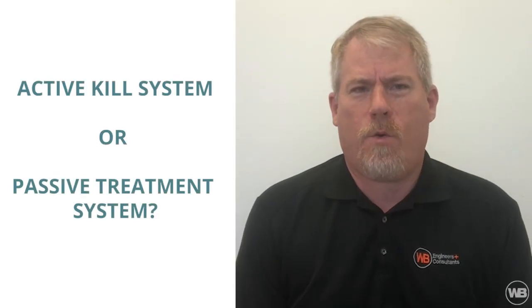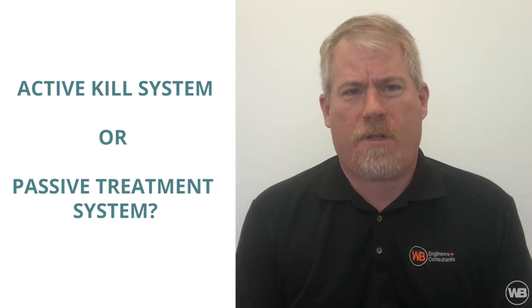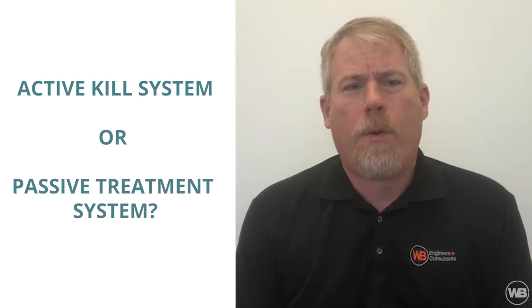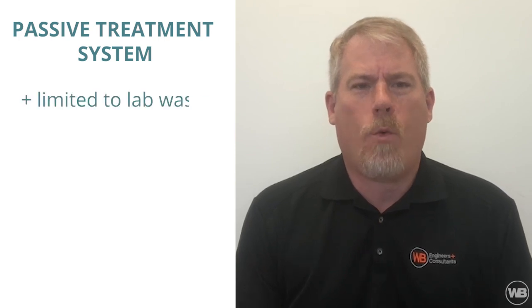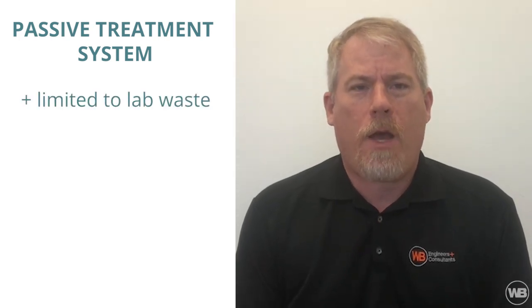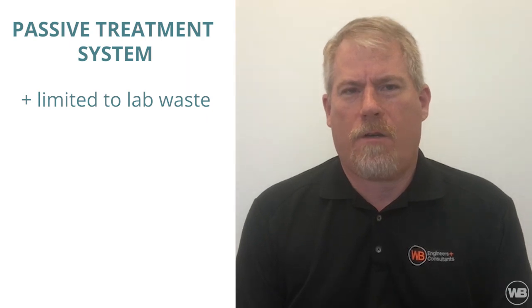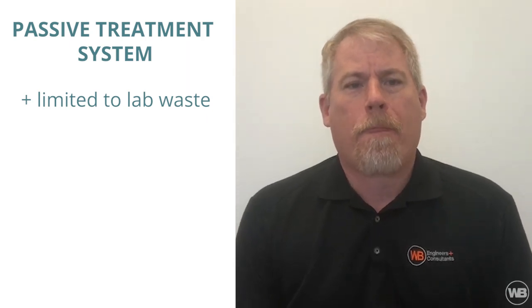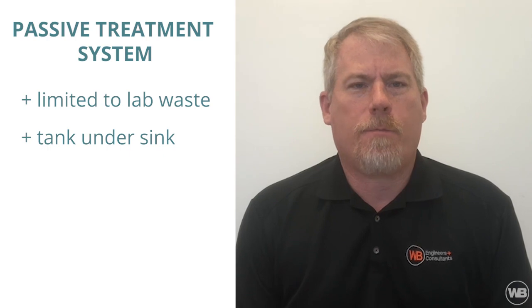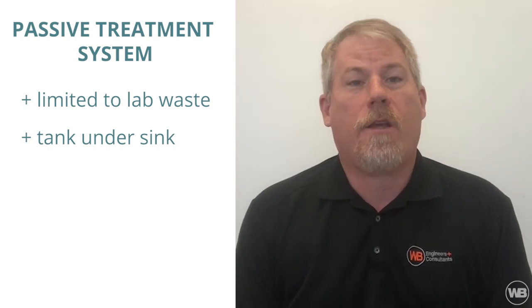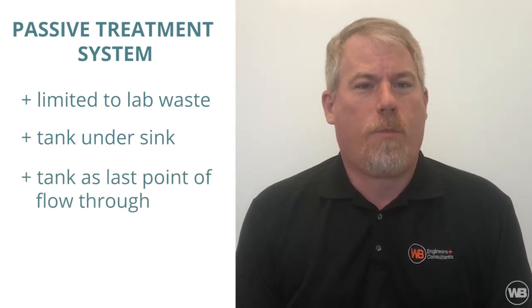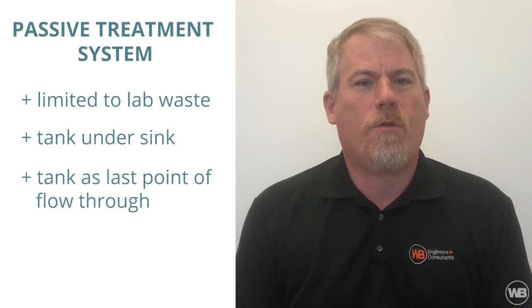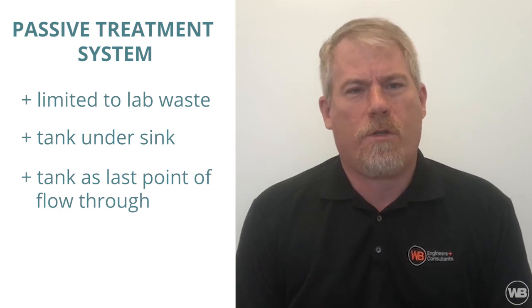It's also important to understand if you need to have an active kill system or a passive treatment system. A passive treatment system is really limited to a lab waste discharge. A passive waste system consists of, in most cases, a tank under a sink for points of use, or a tank at the last point the lab waste water will flow through before it enters the municipal water system.